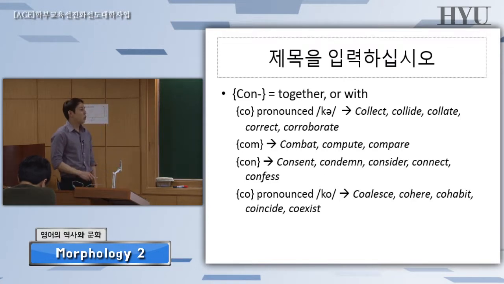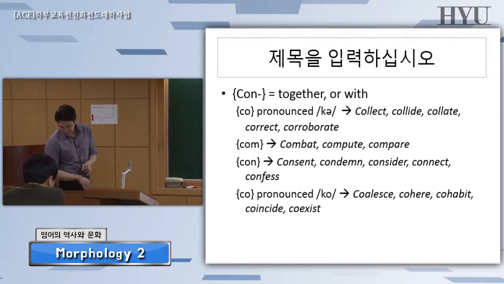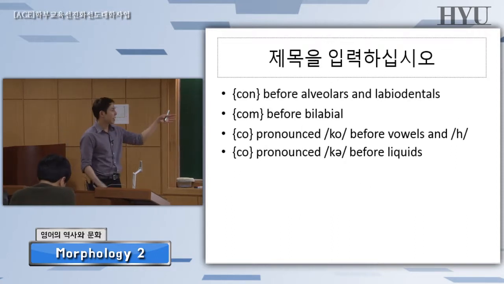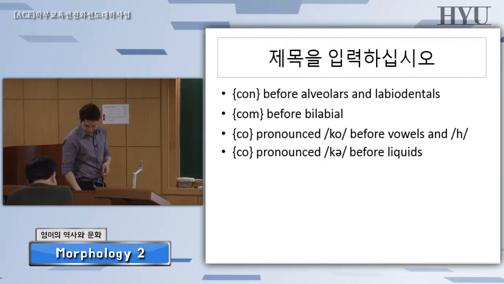You will have "co," but in other places you have "col," "com," or "con." So all of these, "co," "com," "con," or "col," are allomorphs of the same morpheme, C-O-N. Okay? So this is what we saw before.